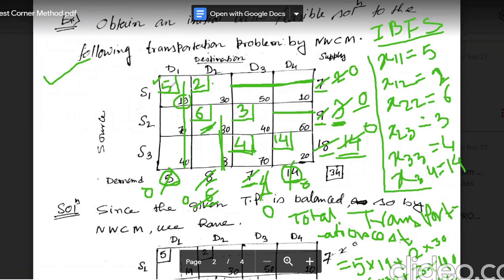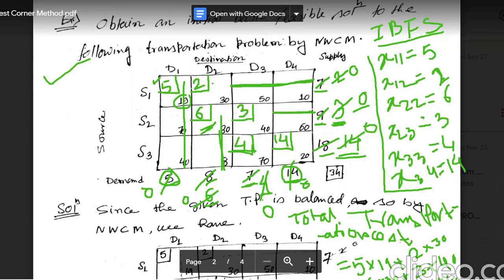Whatever units you have allocated in a cell, you multiply that by the cost and add them all up, and you will get the total transportation cost. So 5 into 19 plus 2 into 30 plus 6 into 30 plus 3 into 40 plus 4 into 70 plus 14 into 20. If you multiply and add, you will get the total transportation cost, that is 1015.